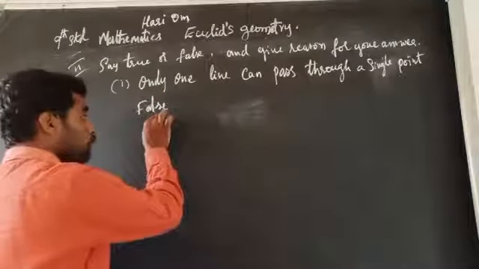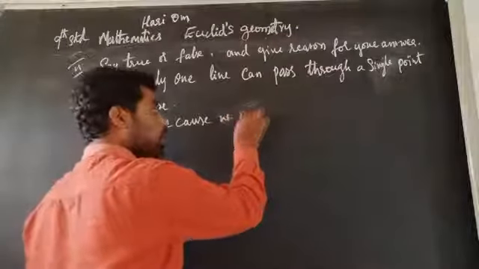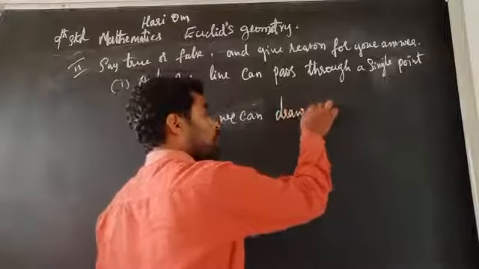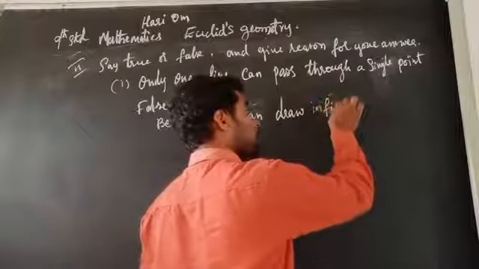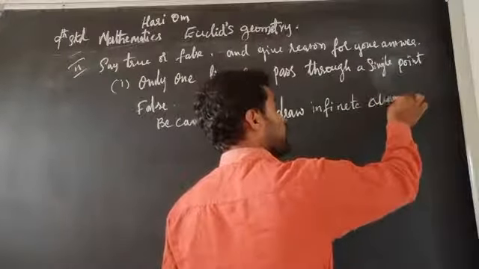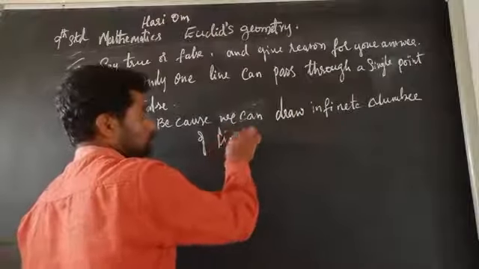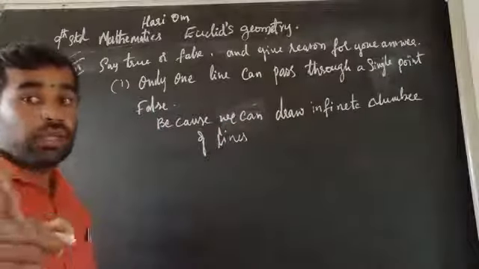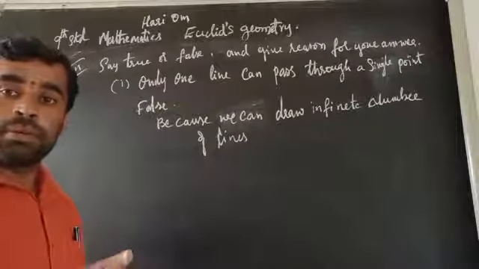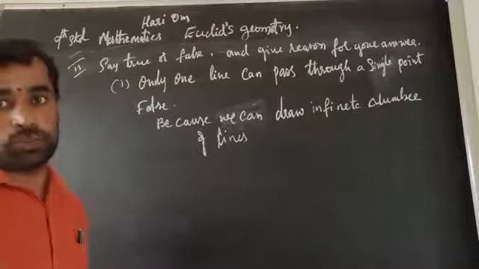Reason: because we can draw infinite, meaning uncountable, number of lines. At one point we can draw infinite number of lines by postulate 1 in axiom 2.